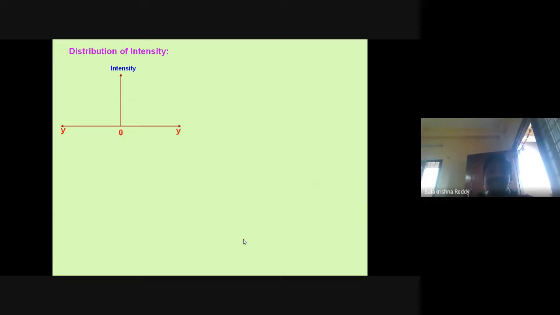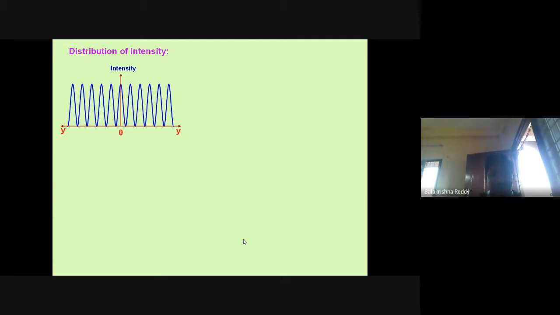The intensity distribution remains the same on the fringes with the same amplitude. The distribution of intensity in the interference pattern from the double slit experiment remains the same. This is bright, this is dark, bright, dark, bright, dark, alternately like that.